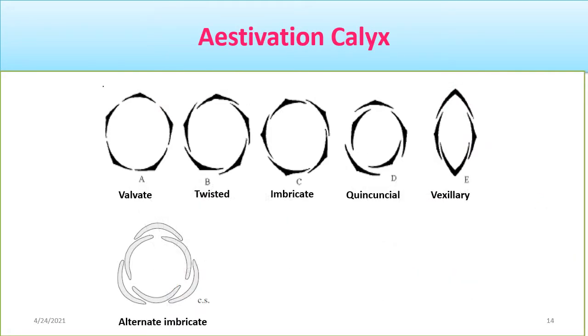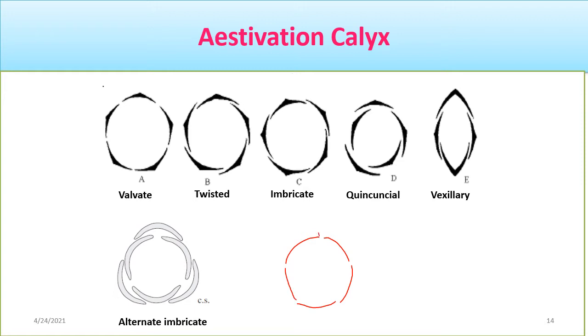Then next is estivation. What is estivation? Estivation is the arrangement of floral whorls when the flower is in bud condition. Now if you look here, I'll draw the diagram 1, 2, 3, 4 and 5.